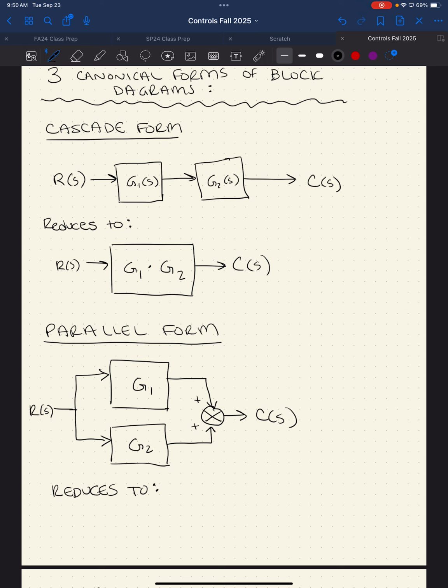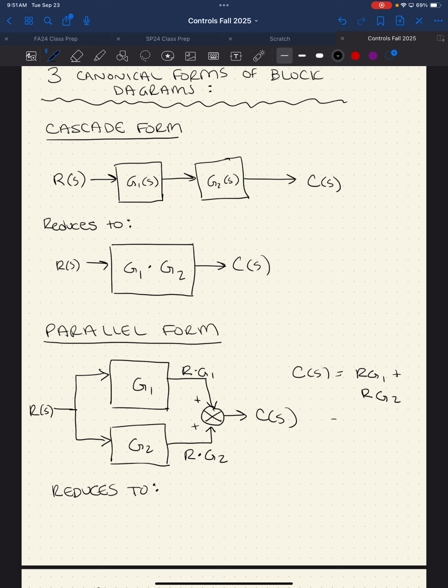This is pretty simple. So let's actually follow the signal. If I were to take this R of S, what do I do to it when I hit this G1 block? Multiply. So the output of this block is just R times G1. And the output of G2 is what? R times G2, which means that C of S is equal to what? R times G1 plus R G2.